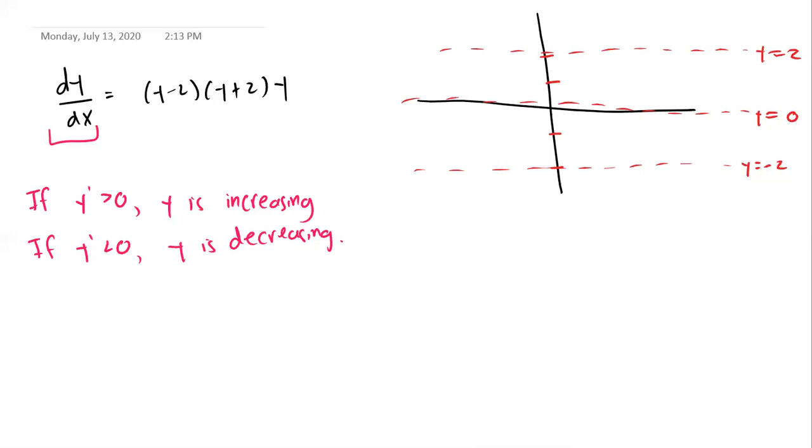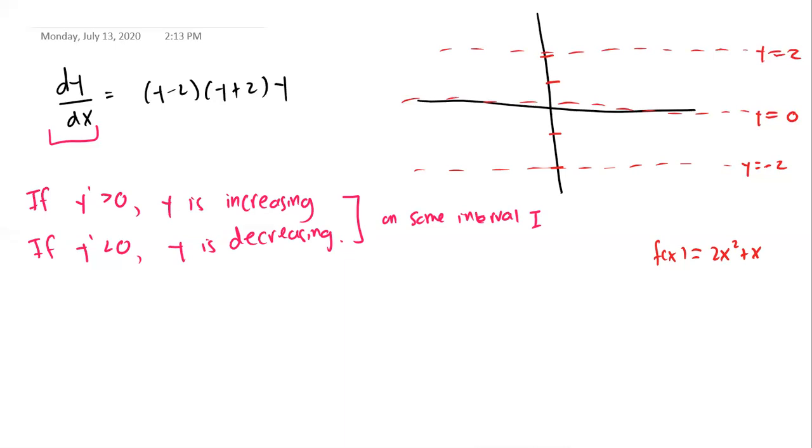So we can do something similar here. Usually this is on some interval I about the x-axis. For example, you're given something like f of x equals 2x squared plus x. You would find its derivative and say, on these x intervals, my function is increasing and on these, my function is decreasing.